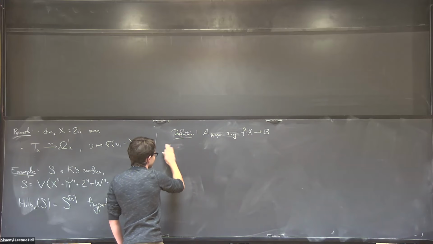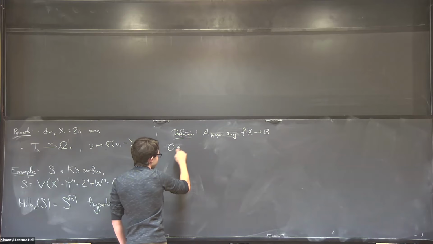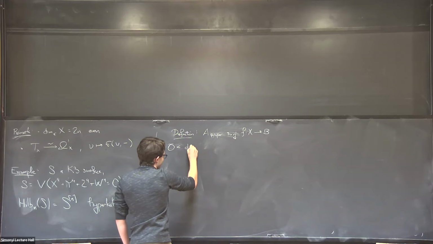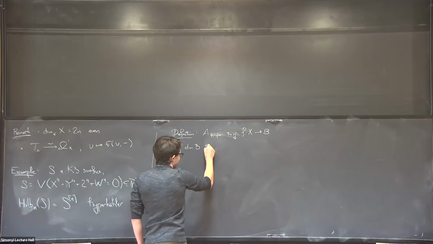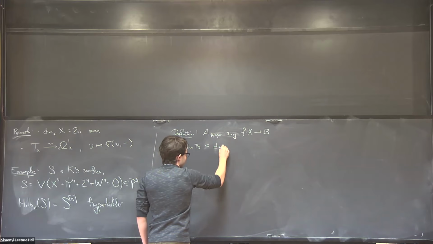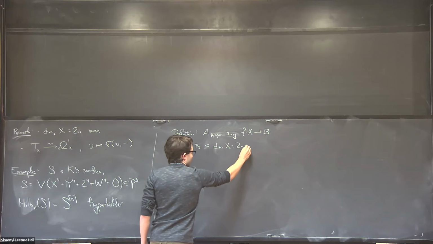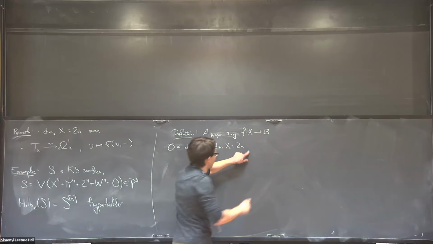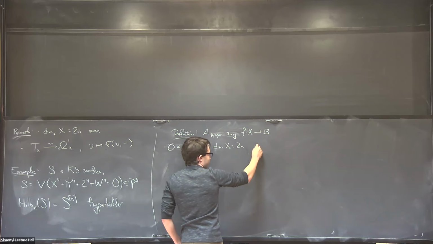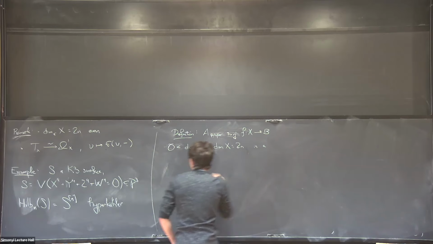So let the dimension of B be somewhere between 0 and the dimension of X, which I'll have be 2n. A proper map of this type is a Lagrangian fibration.